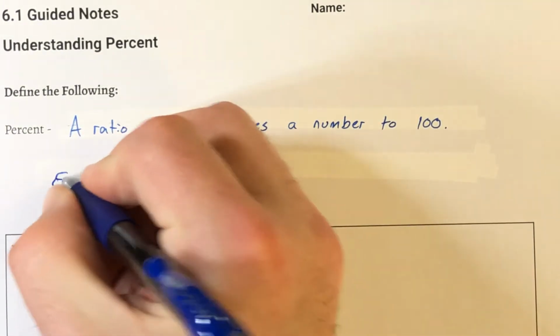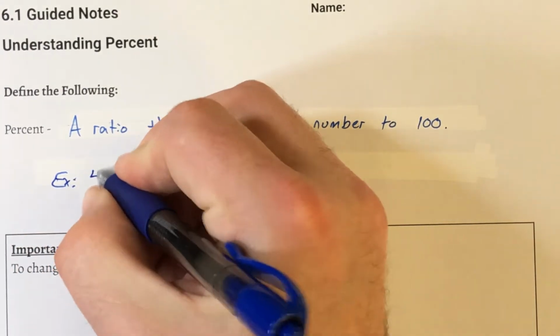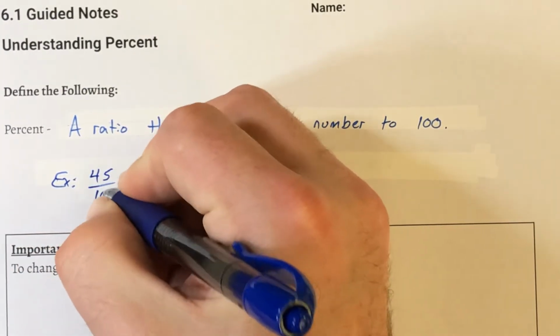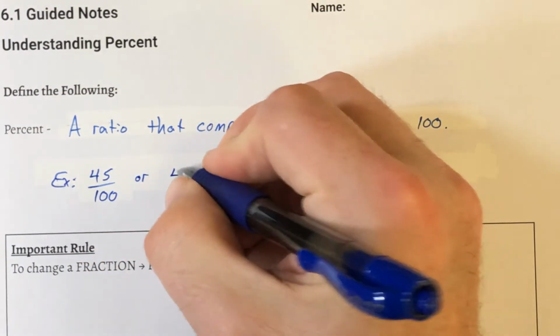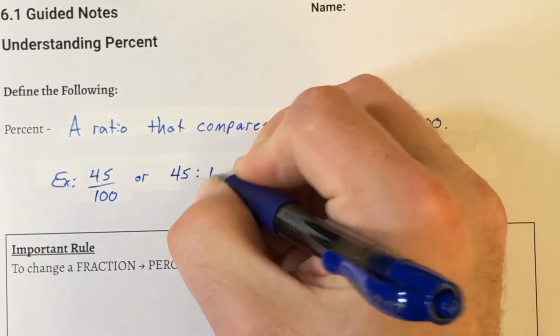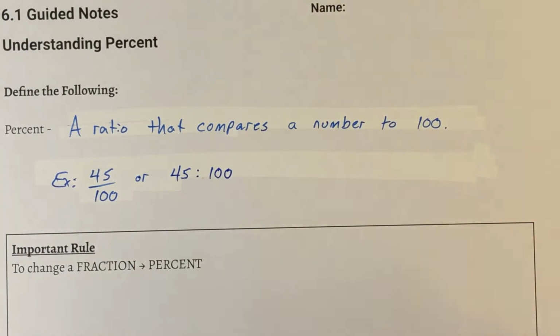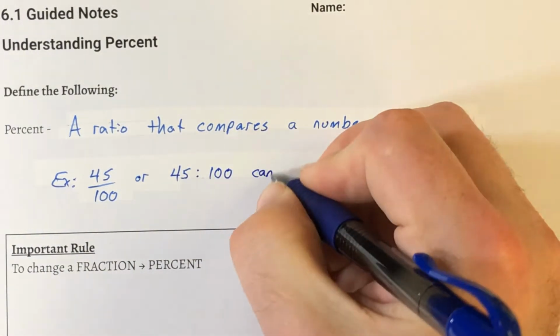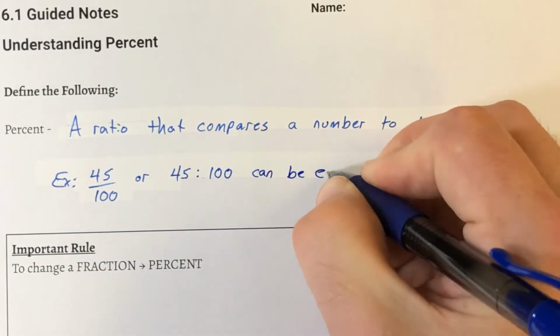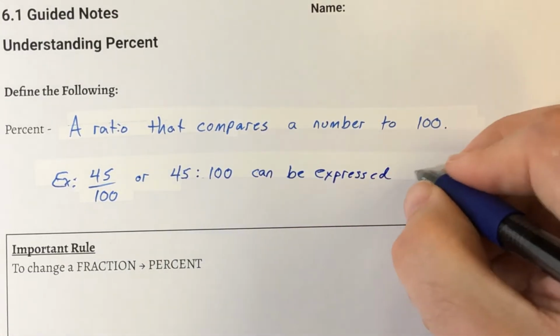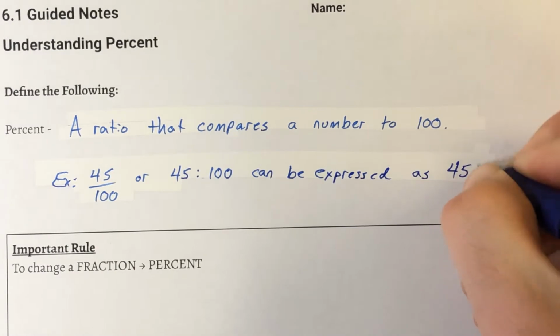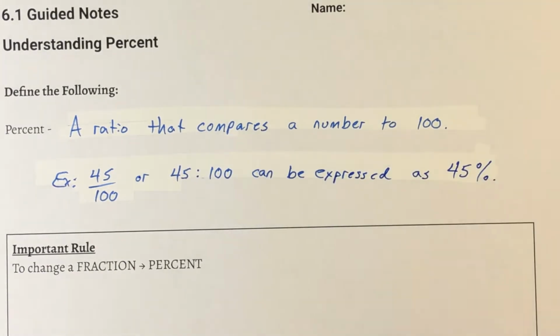Example. Say I have the fraction 45/100ths, or I have 45 to 100. Both of these can be expressed as 45%. So what does this mean?